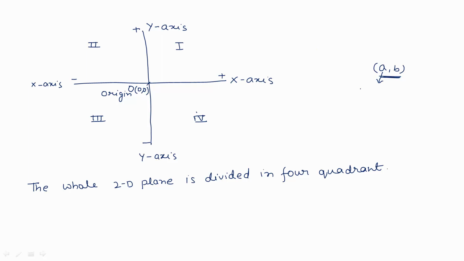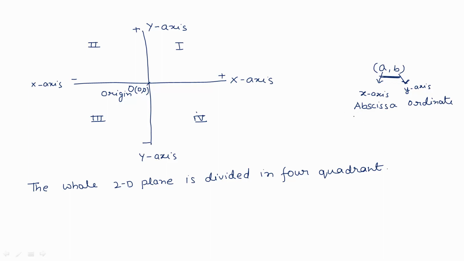A represents the distance, or a represents a number that lies on the x-axis, and b represents a number that lies on the y-axis. The value on the x-axis is called abscissa, and the value which lies on the y-axis is called ordinate.